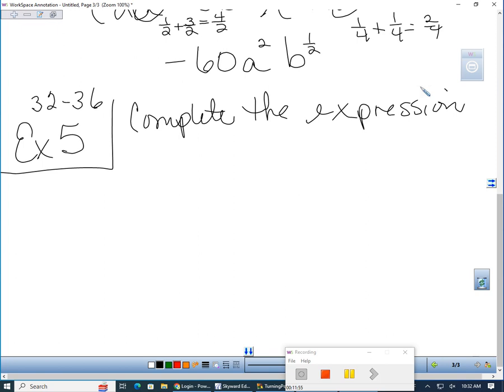So maybe it looks like this. You have 5 to the 3rd times 5 to a little gray box in your book equals 5 to the 9th. What do you think should go in that beautiful little box there? Probably a 6. That's right.